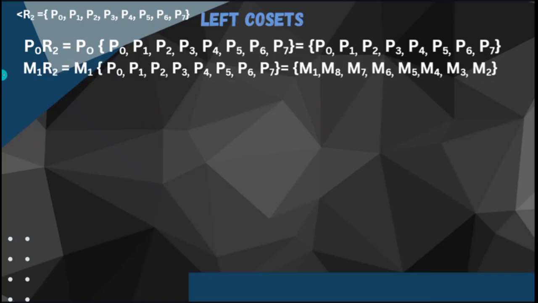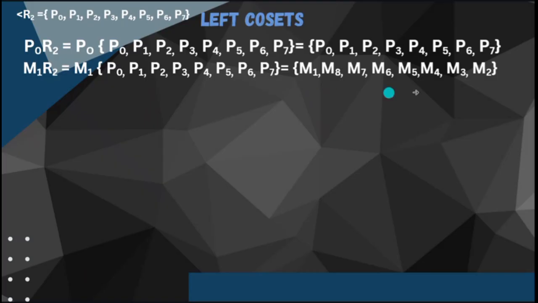Next, mu sub 1 multiplied by R sub 2 is equal to mu sub 1, mu sub 8, mu sub 7, mu sub 6, mu sub 5, mu sub 4, mu sub 3, and mu sub 2. As you can see here, the results of the left cosets contain all the elements of our group.